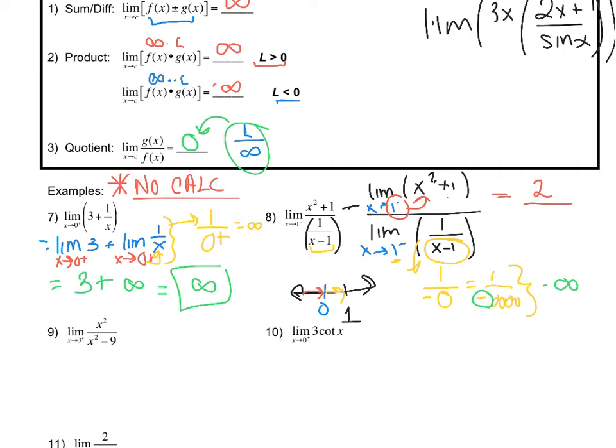So again, right here, we've got 1 divided by... I hesitate because I see this negative next to my 0. I'm going to back up for a second.